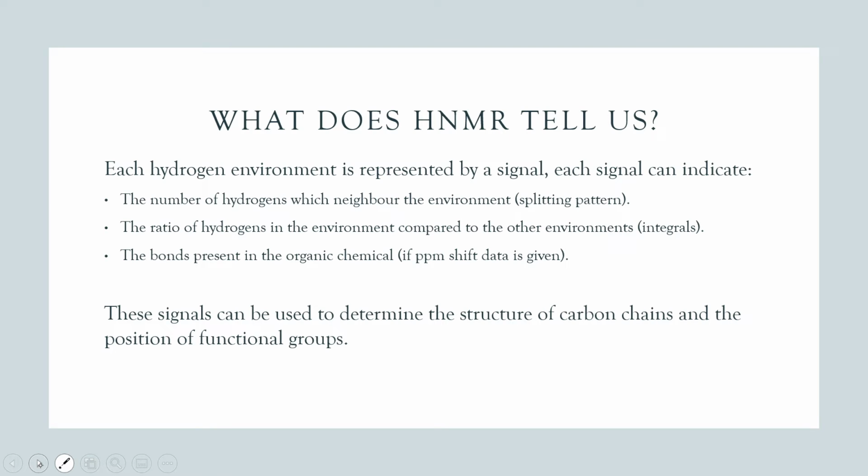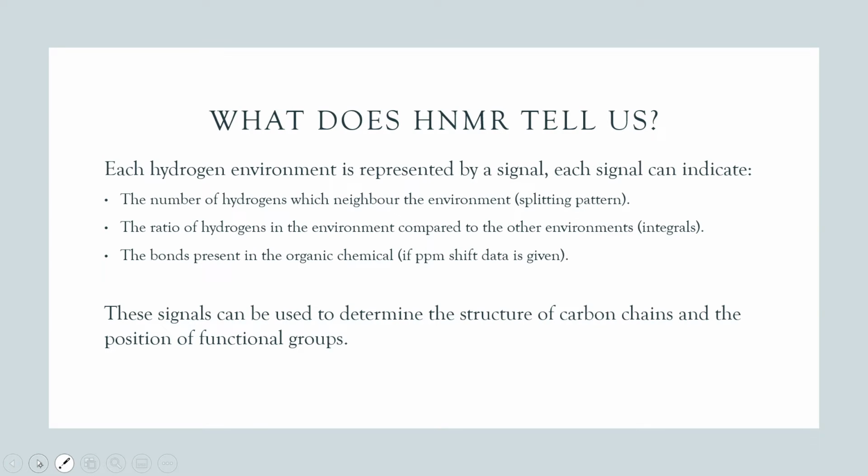So for HNMR, what does it actually tell us? Well, each hydrogen environment is represented by a single signal, and each signal can tell us the number of hydrogens which neighbor the environment, or the splitting pattern, and it can also tell us the ratio of hydrogens in the environment compared to the others, and that is done using our integrals. We can also look at the bonds that are present in the organic chemical, but that's only if we have ppm shift data available to us.